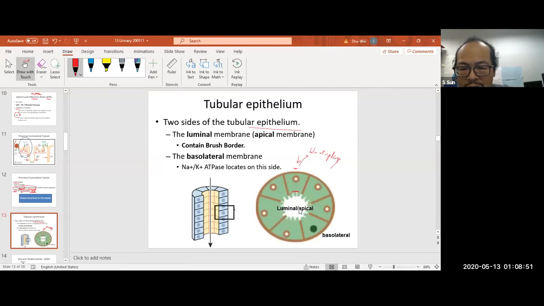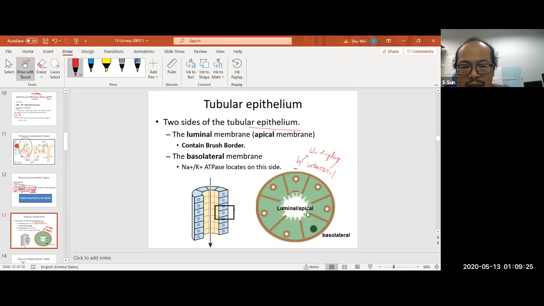The phase to the lumen is called the luminal side or apical side. The phase to the interstitial is the basolateral side. So here is a cell, each cell has a nucleus, a luminal side, and a basolateral side.